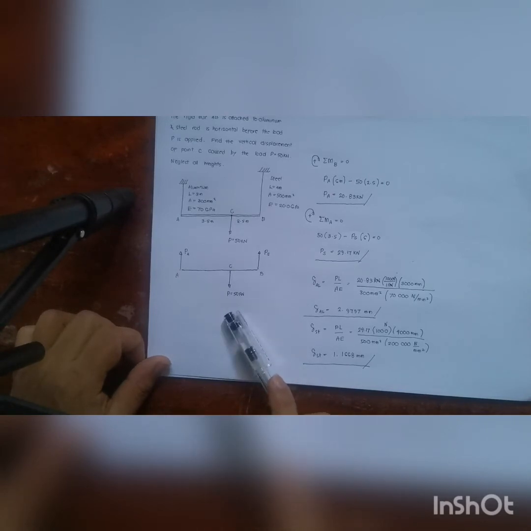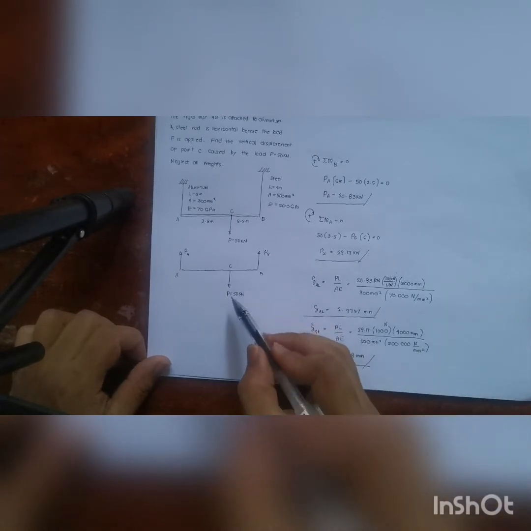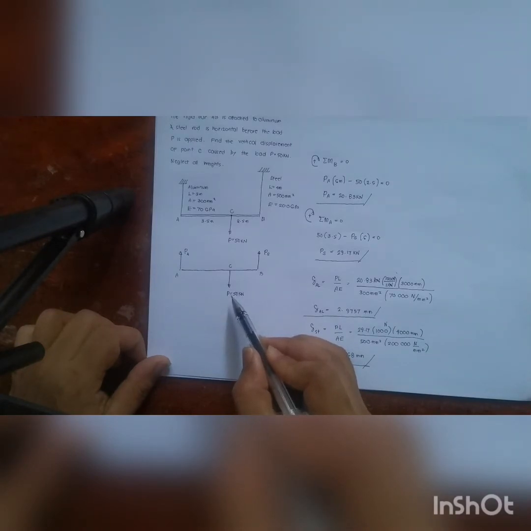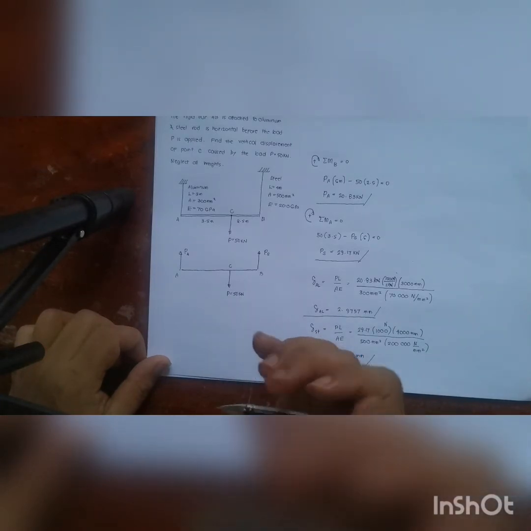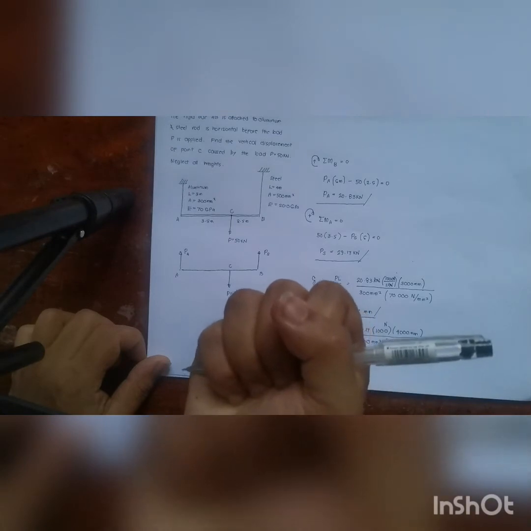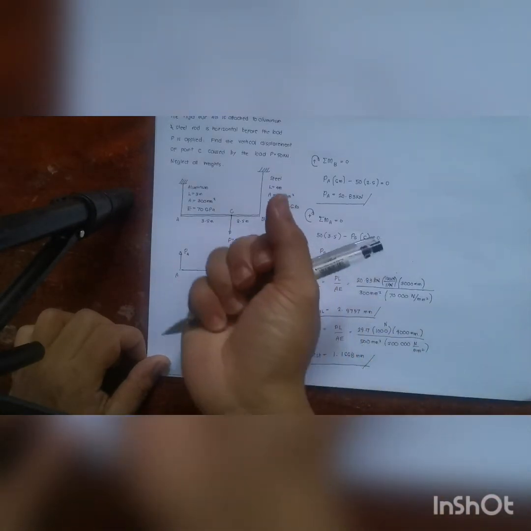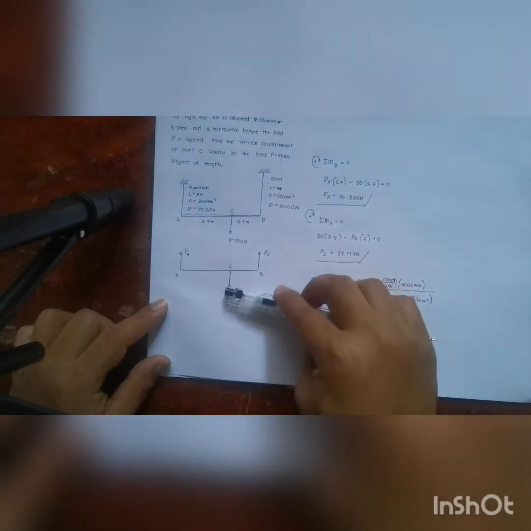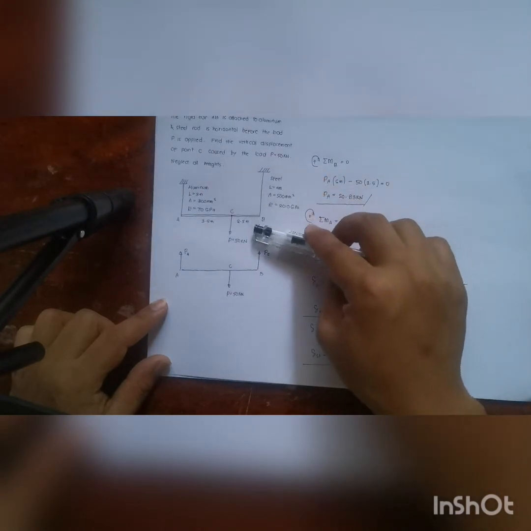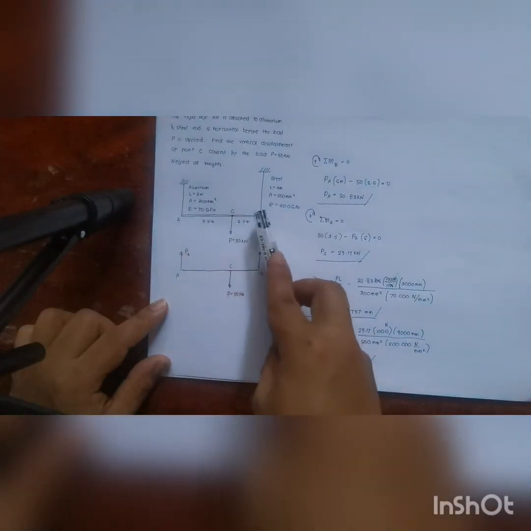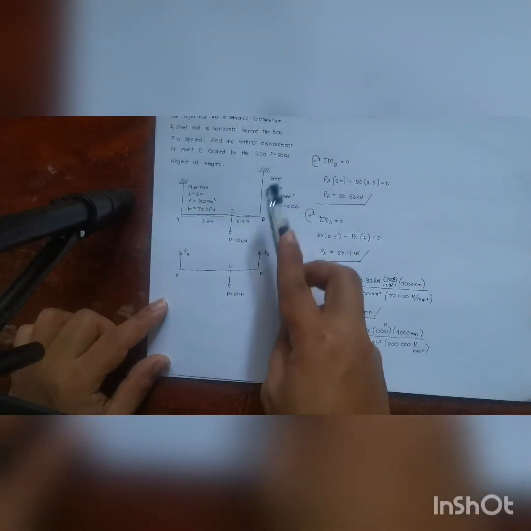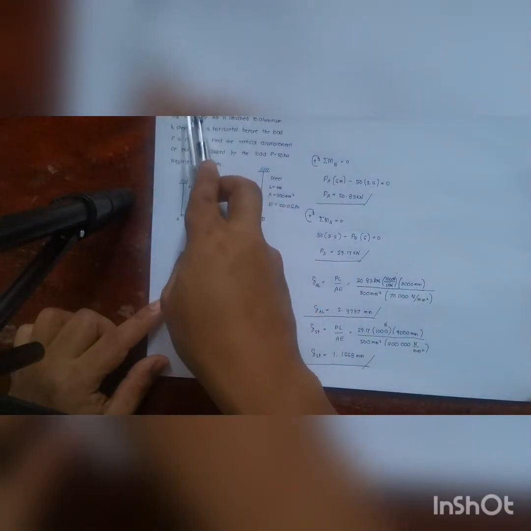Paano siya gagalaw. Kung papansin po natin dito, yung load P natin ay pababa. So, yung tendency nun, hinihila ni load P yung system natin pababa. Pag hinihila ni load P yung system pababa, magkakaroon ng elongation si steel tsaka si aluminum. Yung bar AB po natin ay walang deformation since yung bar AB natin ay rigid daw.